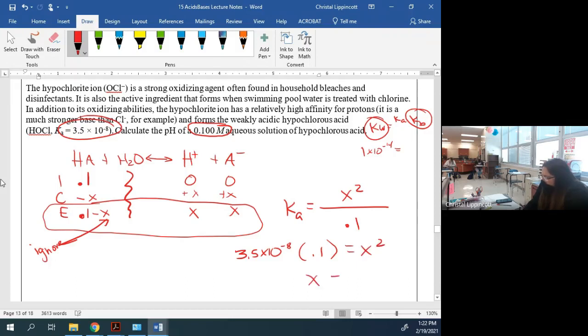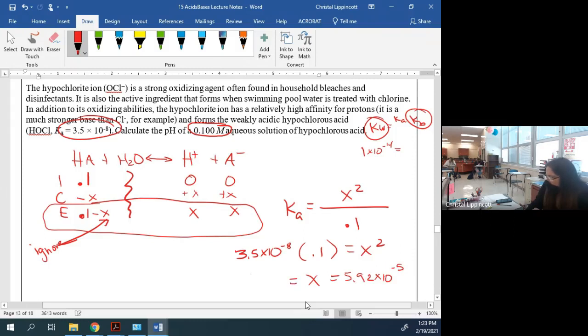So then x, we just multiply those together, take the square root. 3.5 negative 8 times 0.1 equals. Then I'm going to take the square root of that. And I end up with 5.92 times 10 to the negative 5.